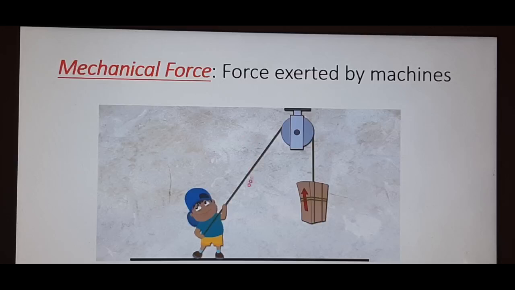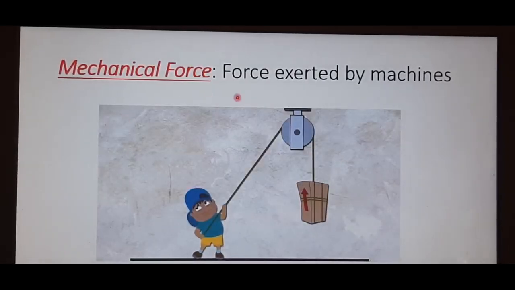Simple is that if you see any machine and a question is asked which type of force this is, you can directly tell it is a contact force and it is mechanical force, or mechanical contact force.